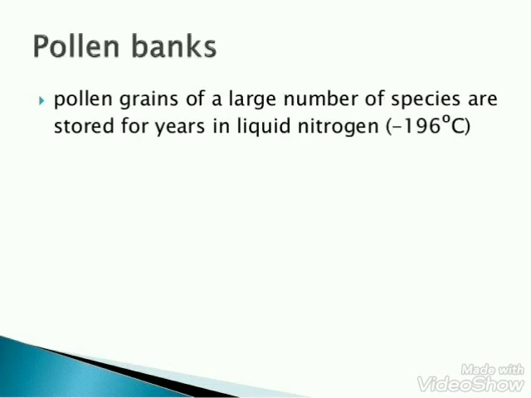A large amount of pollen grain can be stored for a year in liquid nitrogen at -196 degrees Celsius to be used later in crop breeding programs. This process is known as cryopreservation and is usually done in pollen banks.